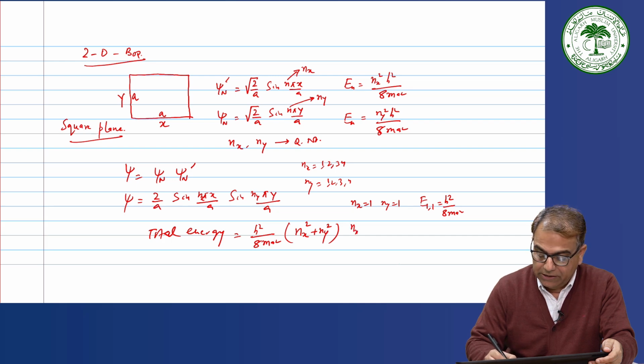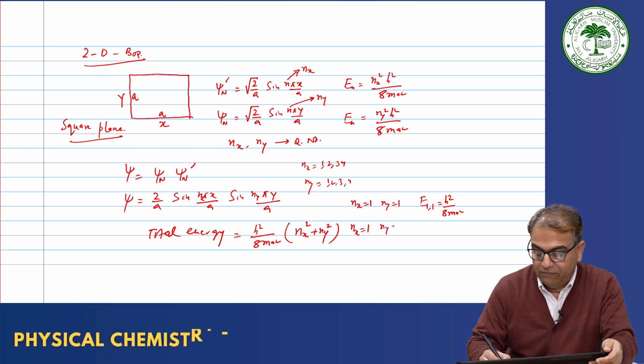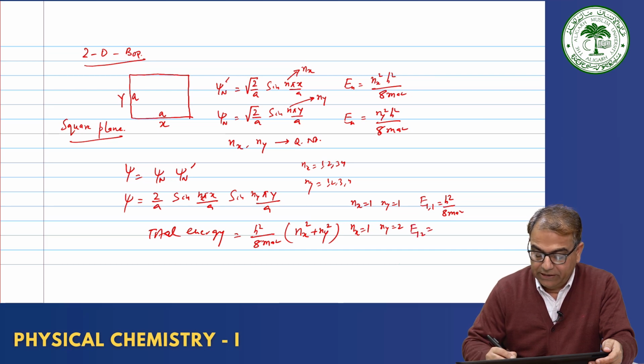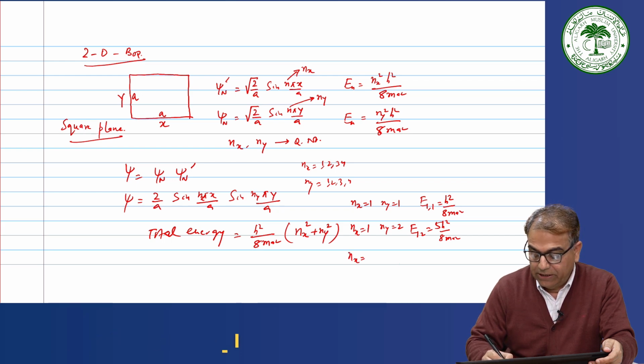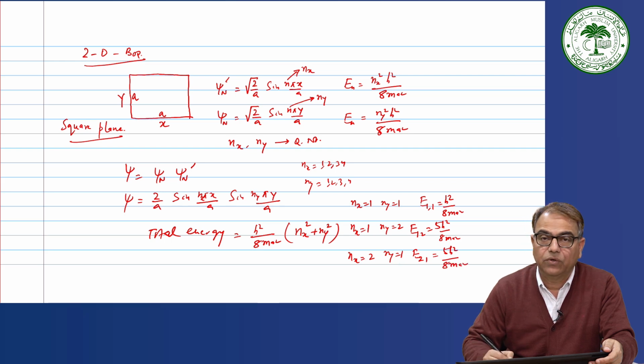If you put nx equal to 1 and ny equal to 2, then you get E12, and this will be 1 and this will be 2, so 2 square is 4, 4 plus 1 is 5, 5h square divided by 8ma square. Now you put nx equal to 2 and ny equal to 1, and you write energy level E21, and this is equal to 5h square divided by 8ma square.